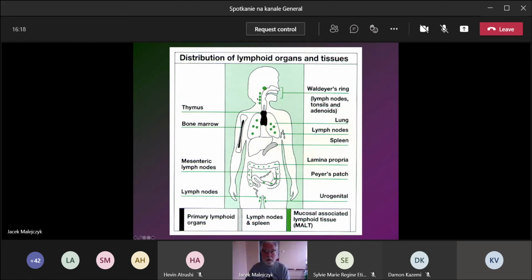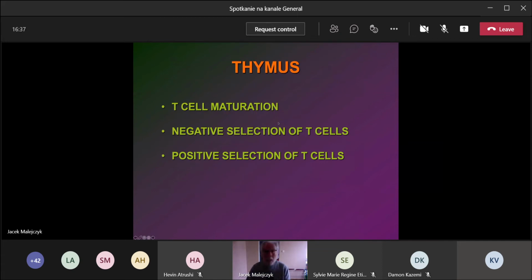In green, there is the mucosa-associated lymphoid tissue. They are at the border in the organs of the alimentary, as I mentioned, respiratory tract and urogenital tract. So generally they cover the whole body.